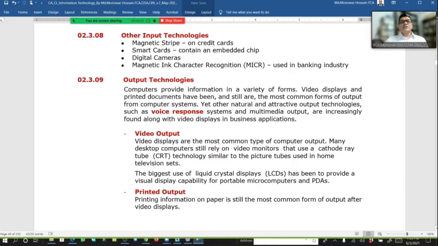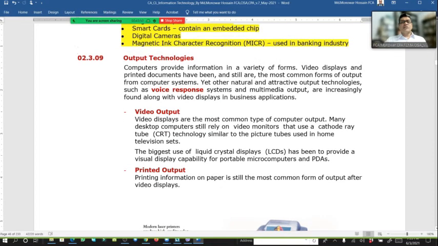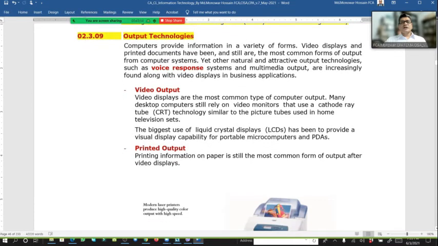Other input technologies we know are magnetic scan, smart card, digital camera, and MICR, used in the banking industry. And output technology: computers provide information in a variety of forms. Video display and printed documents are the most common forms of output from computer systems.